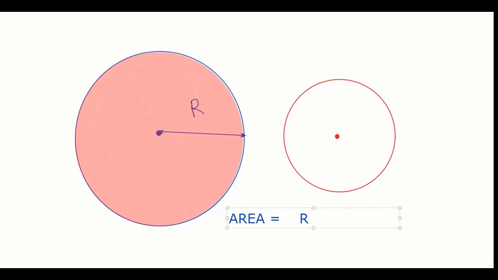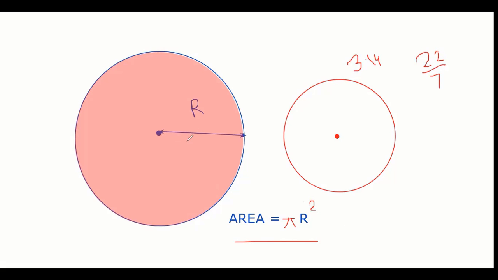Pi is a constant number. R means radius, the length of this. The value of pi is 22/7, or 3.14 if you use decimal. So area of the circle will be pi into r square.